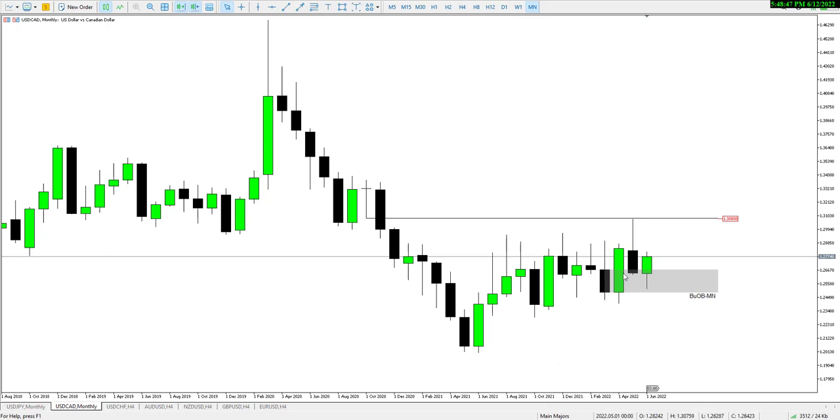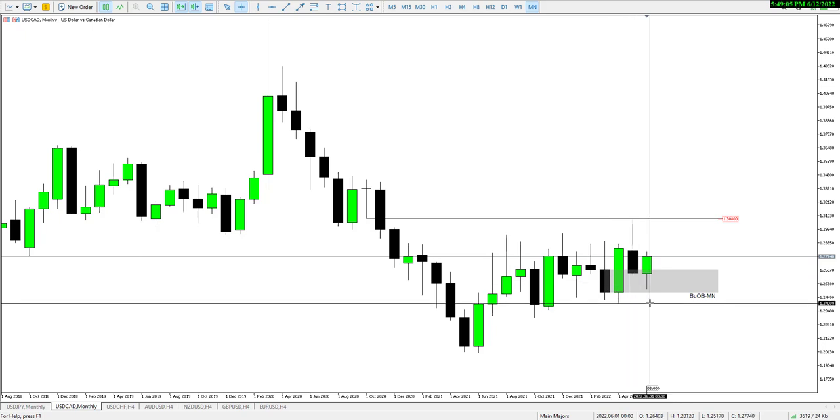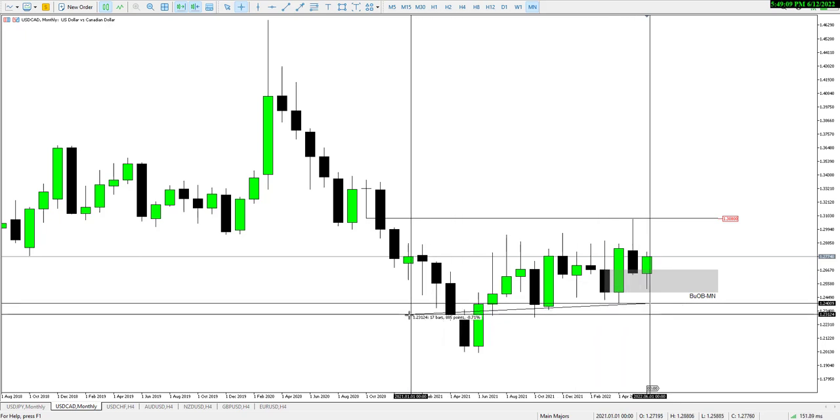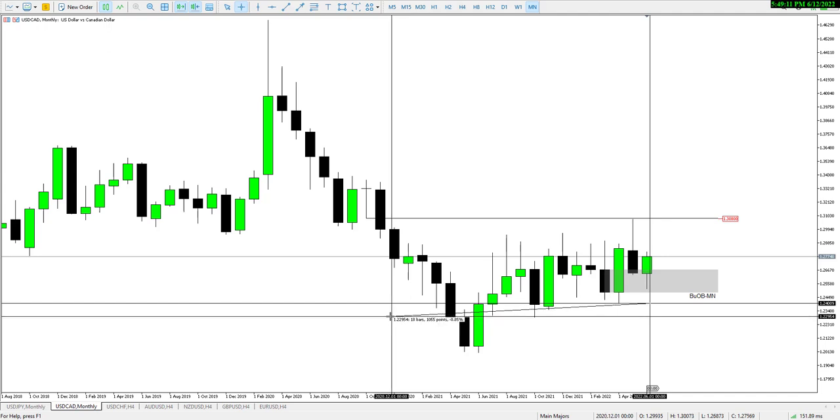Now we've got this monthly bullish order block. This is the area that is in control of price right now. Price has found support inside this monthly bullish order block, and you can see the 9 to 18 month profile. We have to look at this chart here. That's the 18. Where's 18?